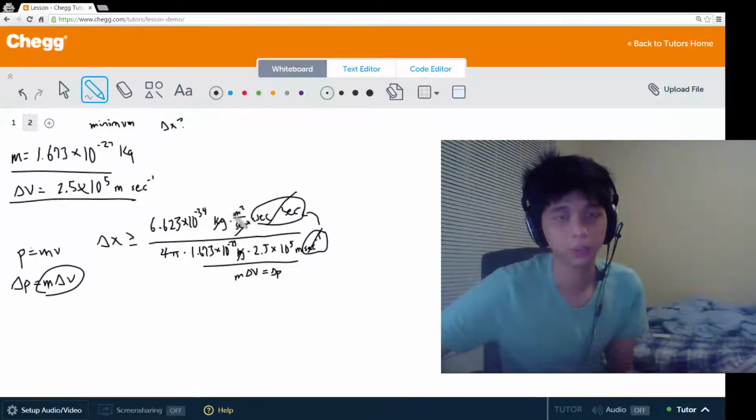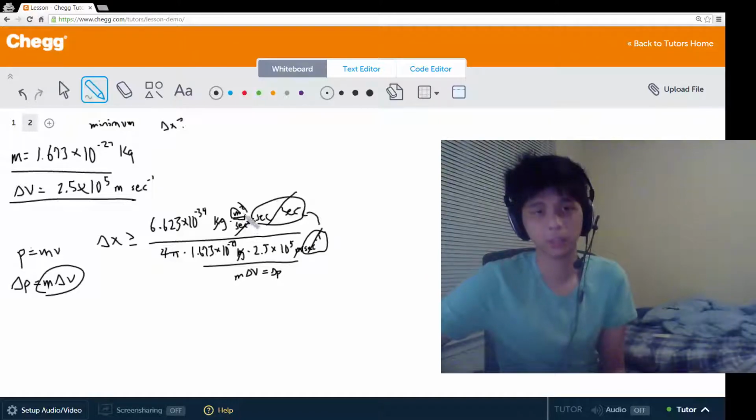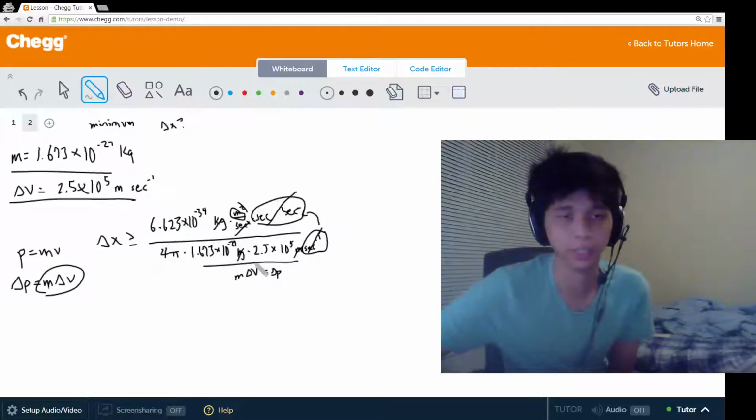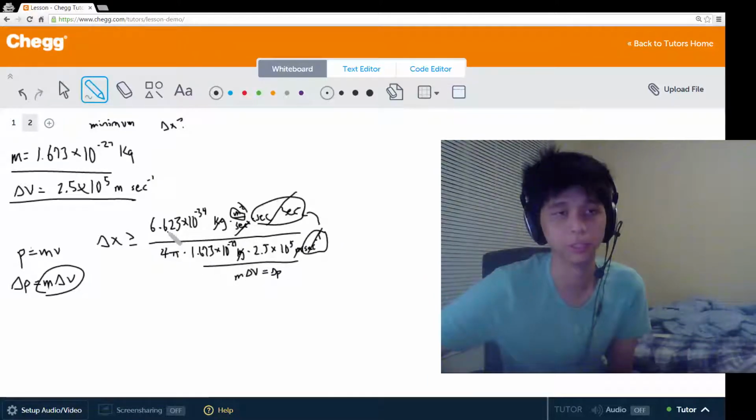So we're left with meters squared in the numerator and meters in the denominator. So we can cancel out this meters, which will cancel out one of the meters in the numerator. So we're left with meters as the final unit of our answer. And if we consider what we were solving for to begin with, which is the uncertainty in position, meters is indeed what we're going to measure position in. So we have the right units.